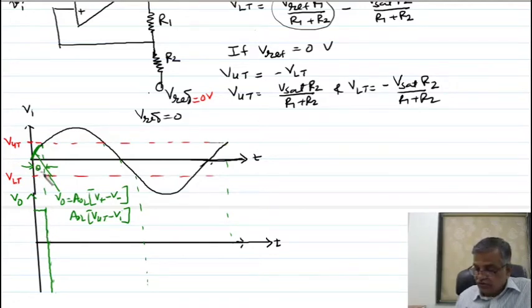The output is shifted by phase theta, and the vertical edge is not obtained when the sine wave passes through zero. During this time Vi is less than VUT, meaning V plus. As Vi becomes more than VUT, immediately the output will be negative, so I am showing you the negative output here.